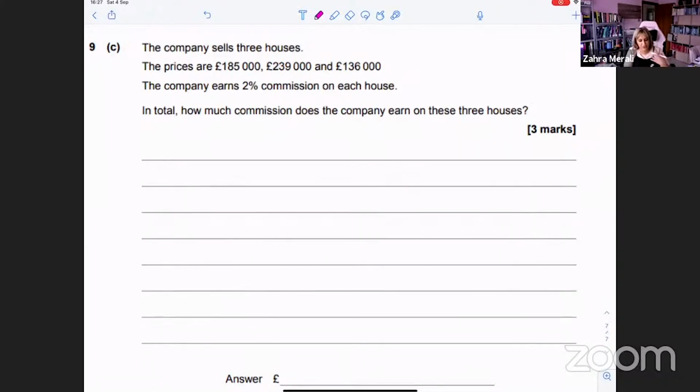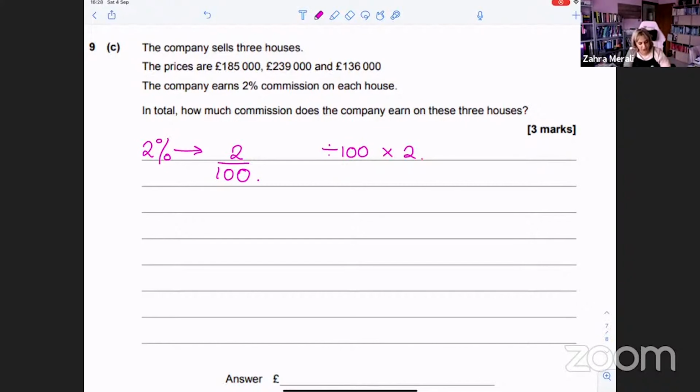So let's take each one and say, how do we work out 2%? 2% is 2 over 100, isn't it? Because every percentage is out of 100. So that's the same as dividing by the bottom and multiplying by the top. So we're going to divide by 100 and multiply by 2. Dividing by 100 is going to get rid of the zeros, and then we're just doubling.